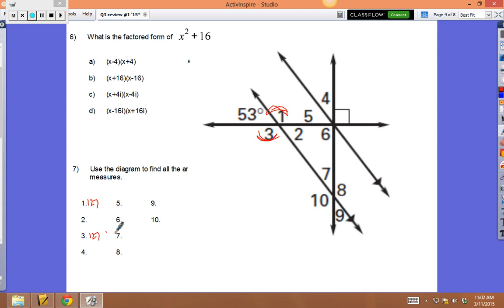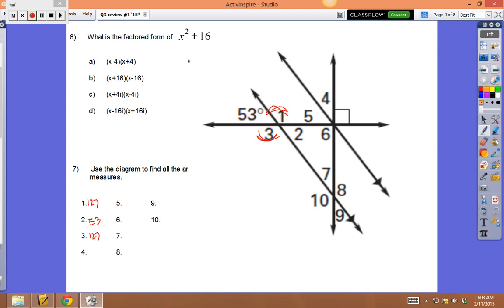So 3 is 127. So 53 and 2 are the same. So 2 and 53 are the same. And then I got those 4 done.